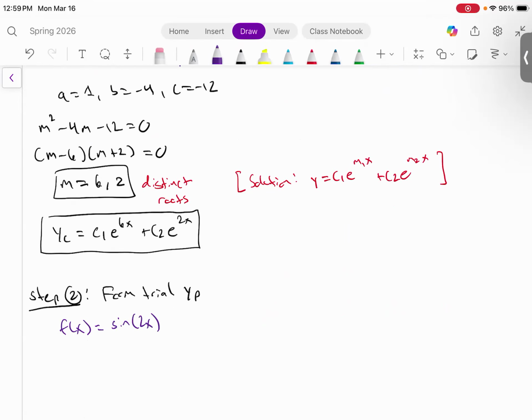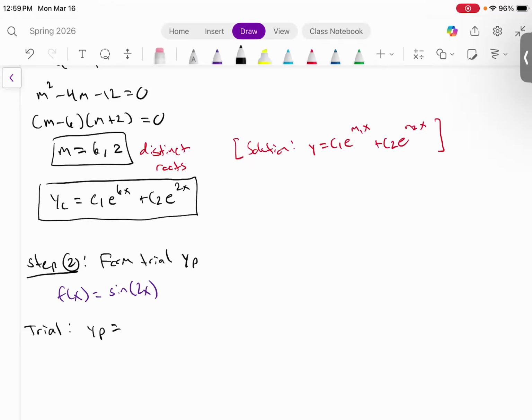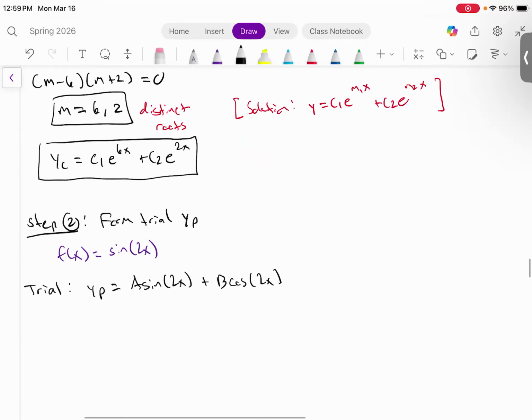Since I have sine of 2x, when I form a trial particular solution, my particular solution, y sub p, would be a sine of 2x plus b cosine of 2x. Okay, so that's my particular solution.